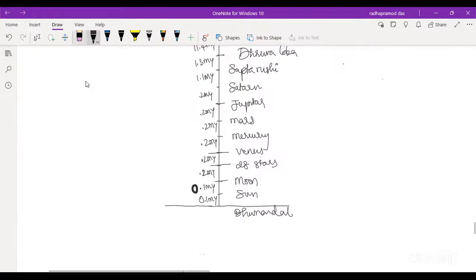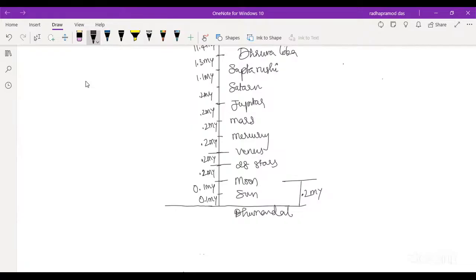The Moon from Earth will be approximately 0.2 million yojanas. Bhumandala is where we are.